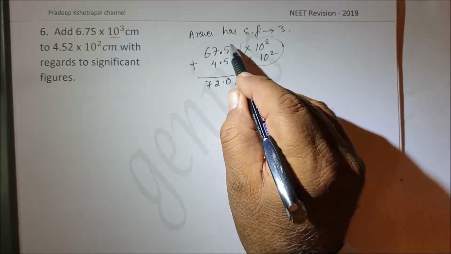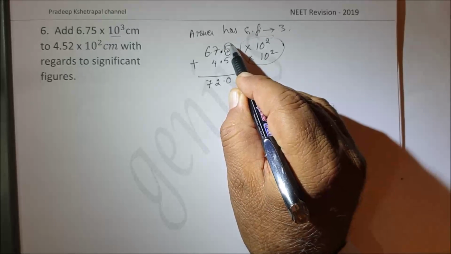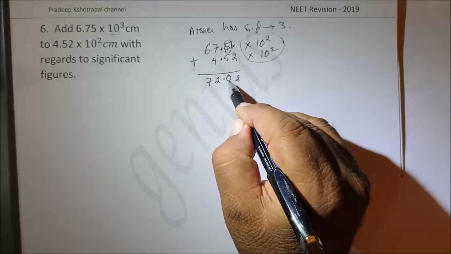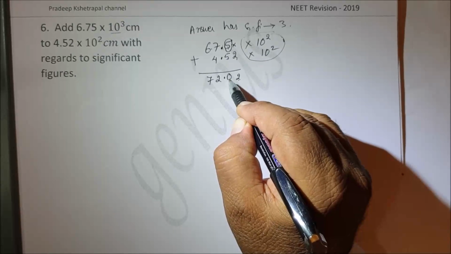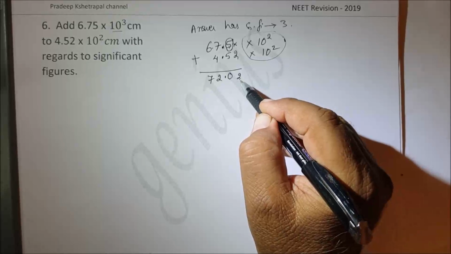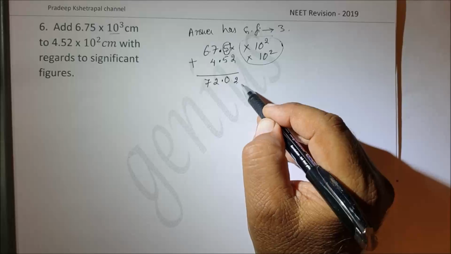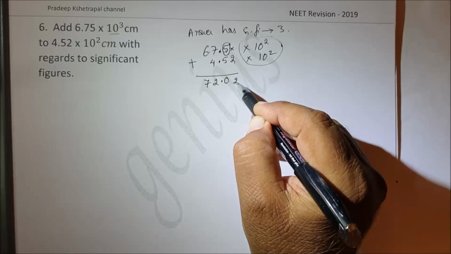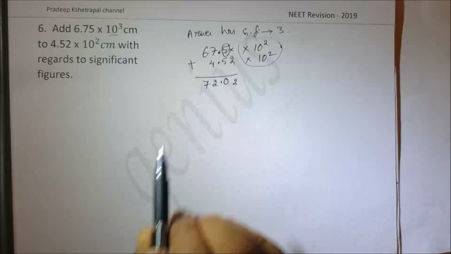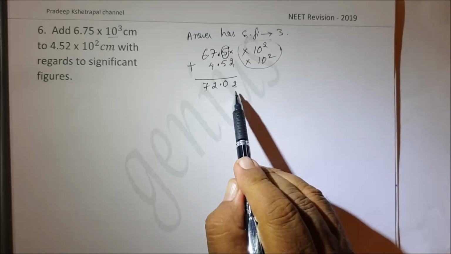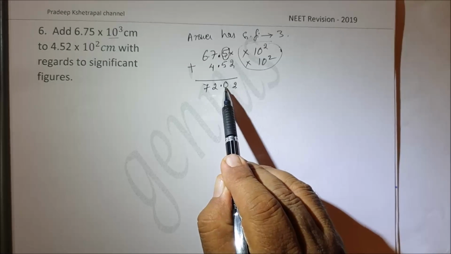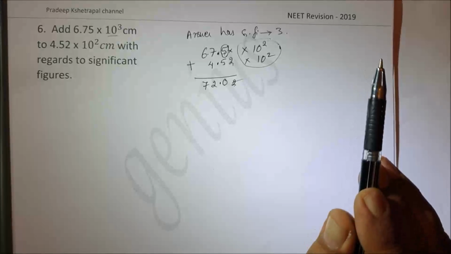After decimal, there is only one place which is significant, so we take only one place. Does it not have any effect at all? Answer is it has an effect. Had it been more than 5, then we would have changed it to 1 by rounding. But this is less than 5, so it has no effect, rounded off.